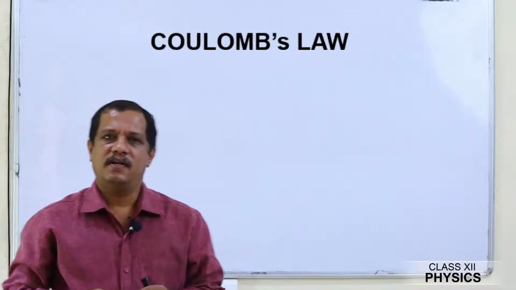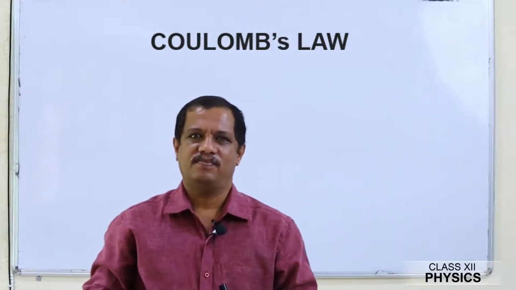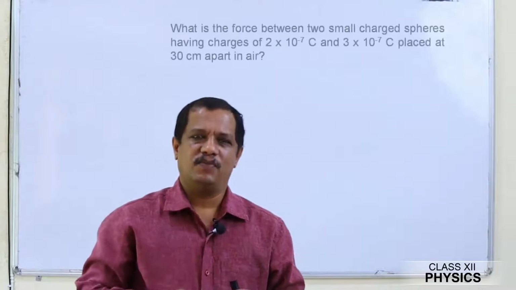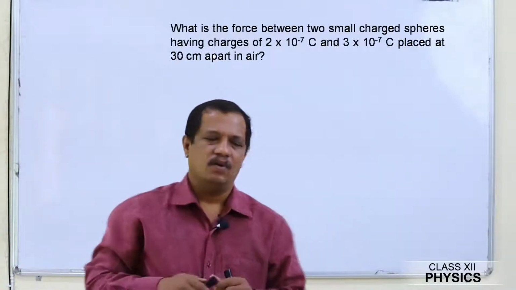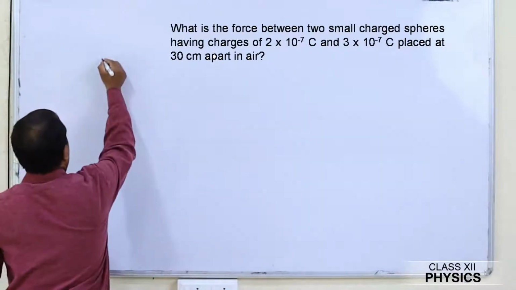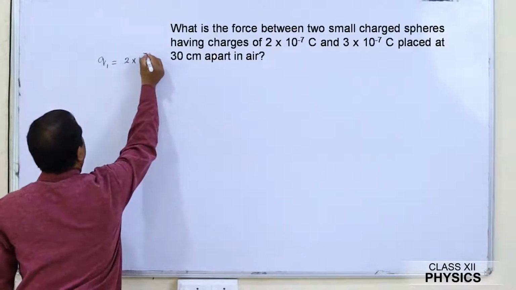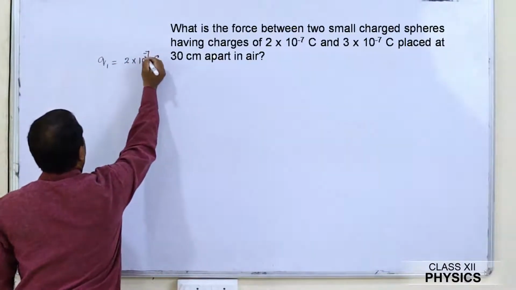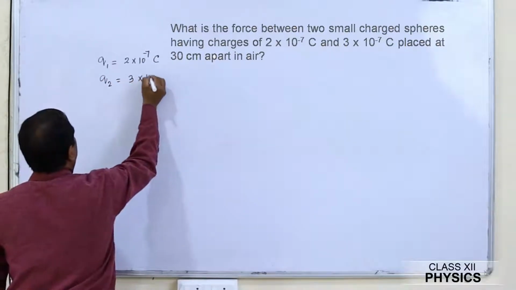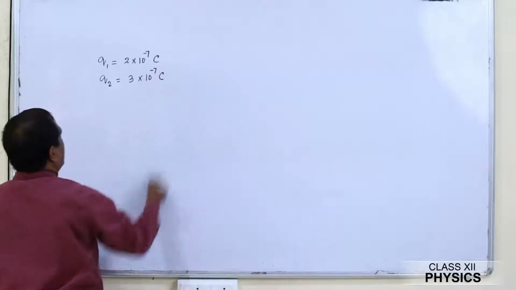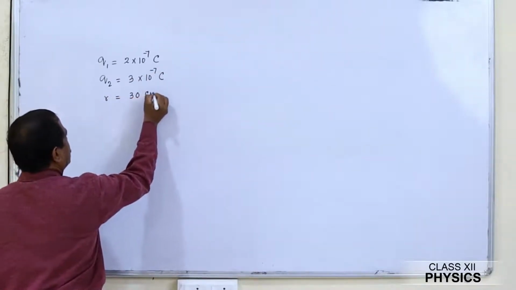Now let us concentrate on another concept, problems based on Coulomb's law. The very first problem that we are going to have a glance at is, let us assume that we have two charges. Q1 is 2 into 10 power minus 7 coulomb, and the other charge Q2 is equal to 3 into 10 power minus 7 coulomb, and both the charges are separated by a distance of 30 centimeter.